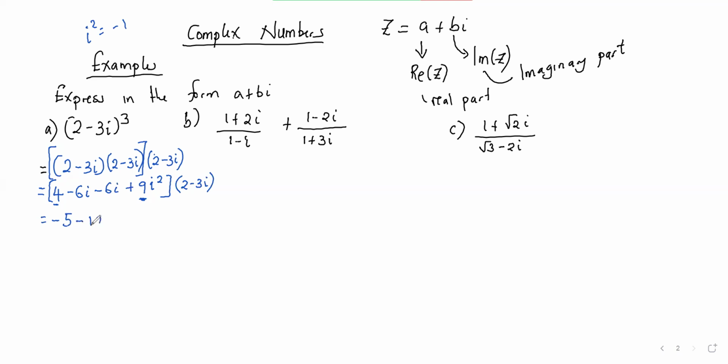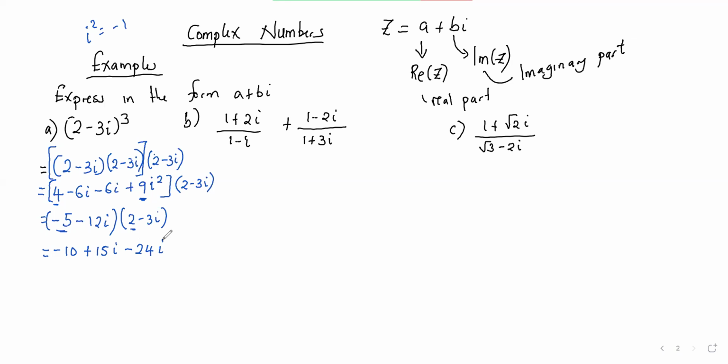So -9 plus 4, that's -5. And then minus 12i. Then we multiply this by 2 minus 3i. So we have minus 5 times 2, that's minus 10. Minus 5 times minus 3, that's plus 15i. Minus 12 times 2, that's minus 24i.